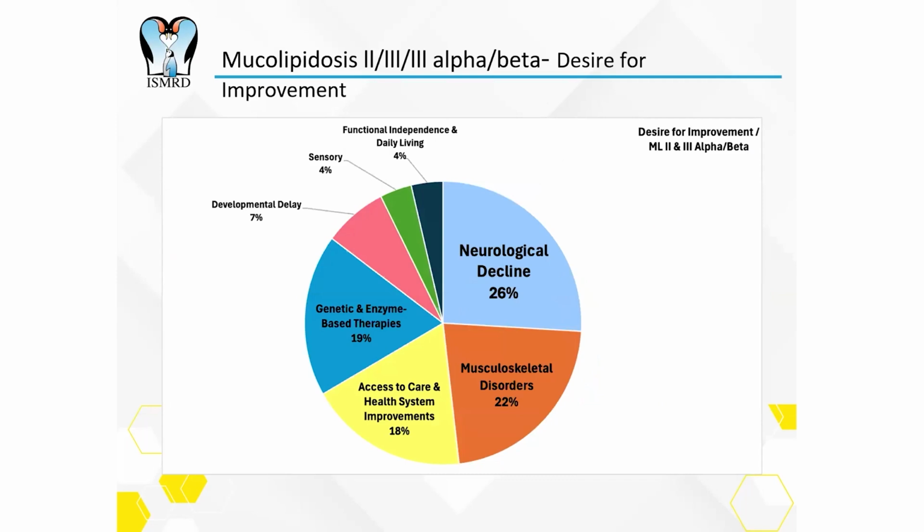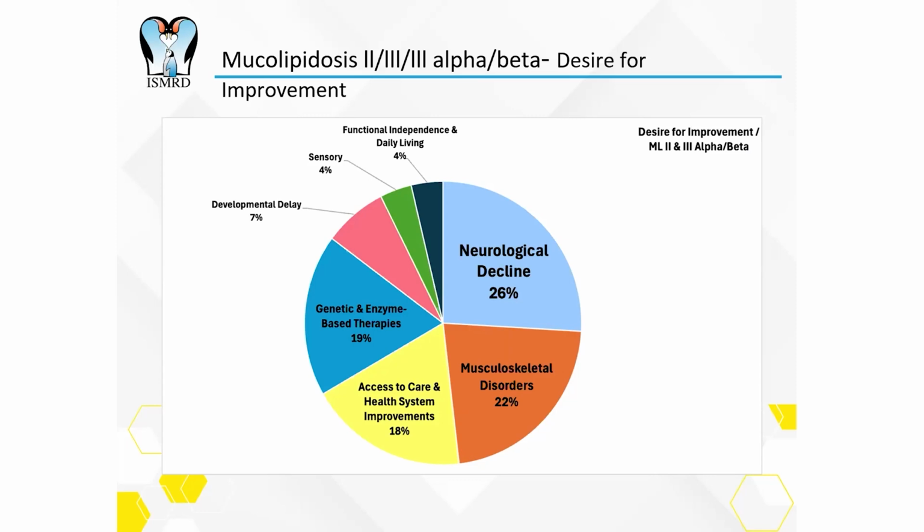For the desire for improvement, we've got neurological decline being the biggest on this. I think this is probably coming from a few of us that have the older children. And then for the musculoskeletal disorders, that would be second. And then access to care, health system improvements. Somebody touched on that a little bit before. We're lucky. I live in the St. Louis area.